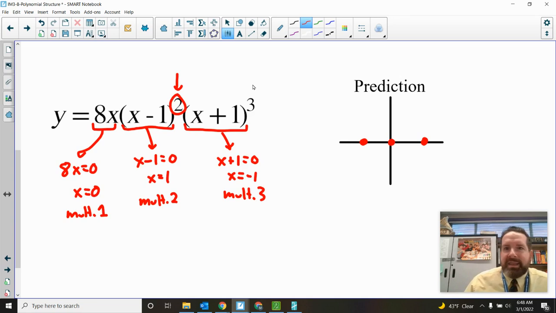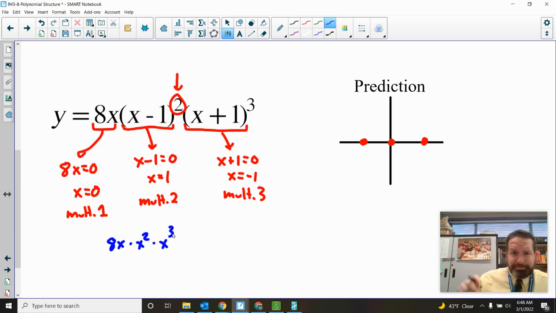Next, let's think about end behavior. So follow me here. Think back a few recordings ago. If I were to multiply all of this out, we can really focus just on what's happening with the front terms. So I have an 8x times an x to the second times an x to the third.